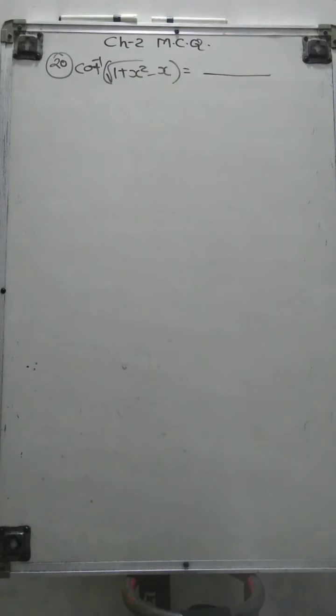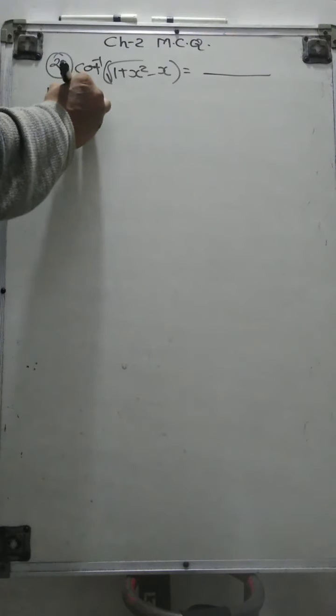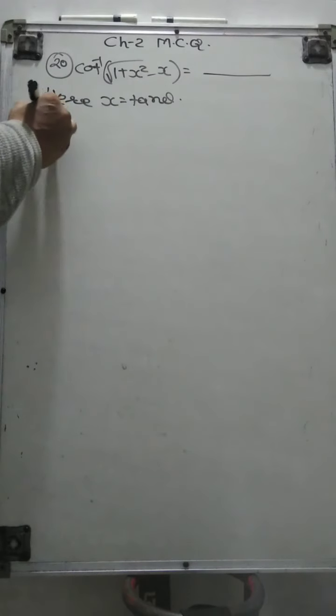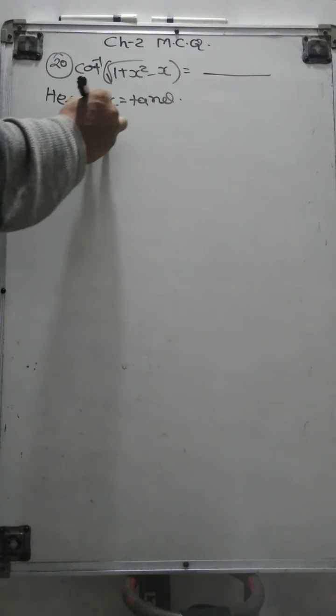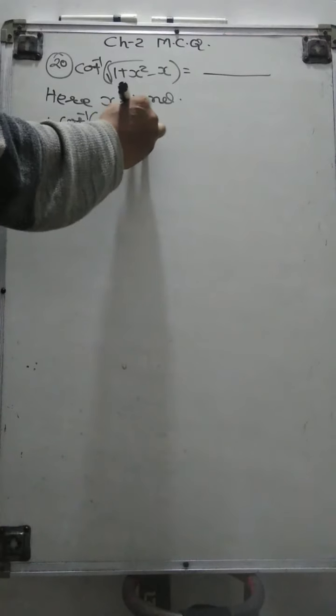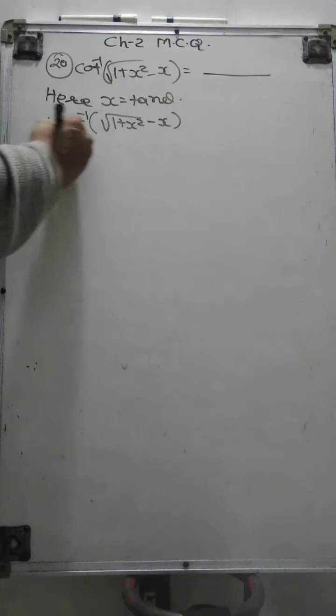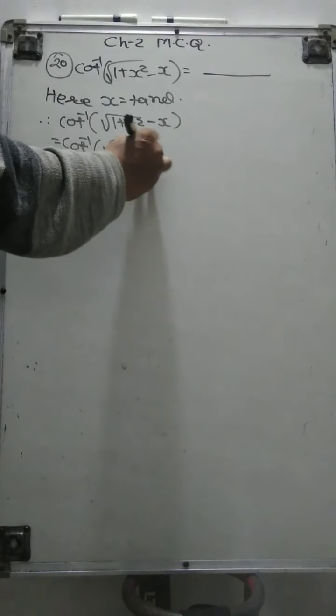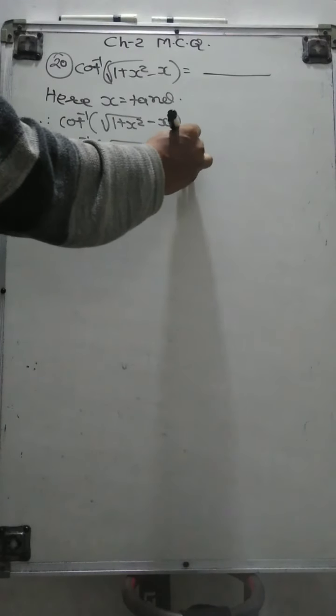Next sum, 20th, cot inverse of root 1 plus x square minus x is equal to dash. So here first of all, we assume that x equal to tan theta. Therefore cot inverse of root 1 plus x square minus x is equal to cot inverse of root 1 plus tan square theta minus tan theta.